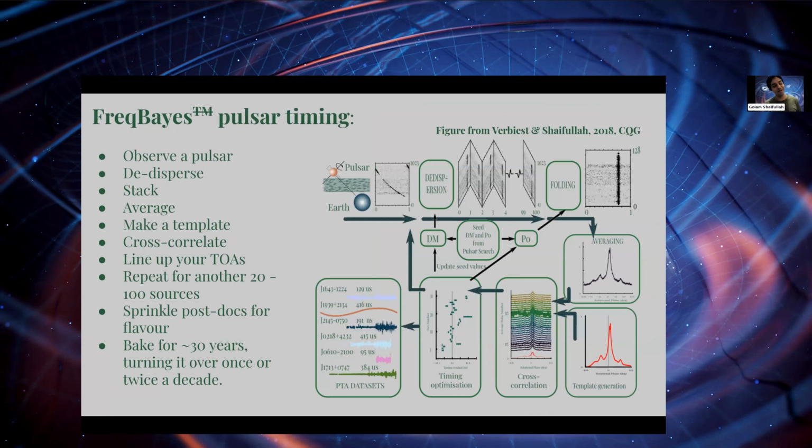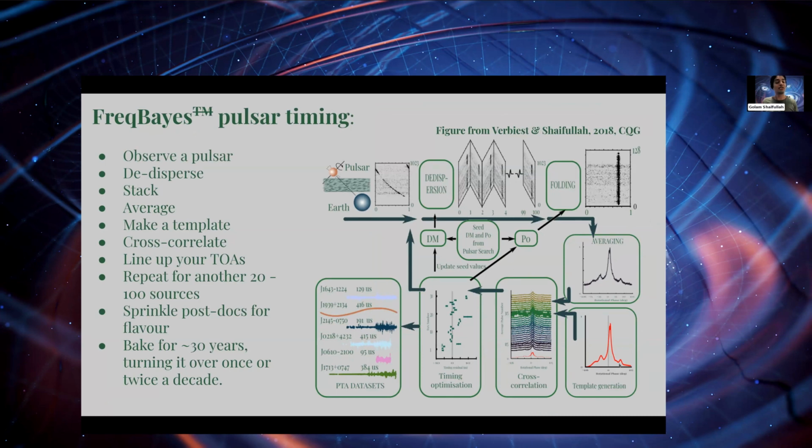Another, more functional way of looking at how PTAs are built is to remember that it's a very, very iterative procedure. Because what we're always doing is observing these pulsars. We're trying to maximize the signal to noise of every observation, which is why we do this process called folding or stacking, which gives us a very bright pulse. We see almost no noise in this pulse.